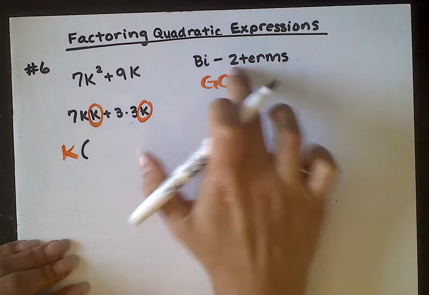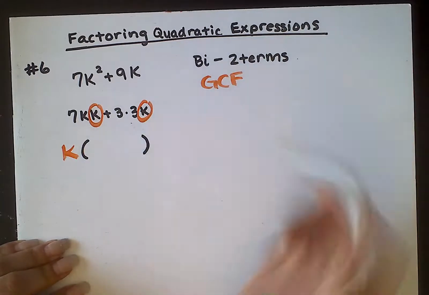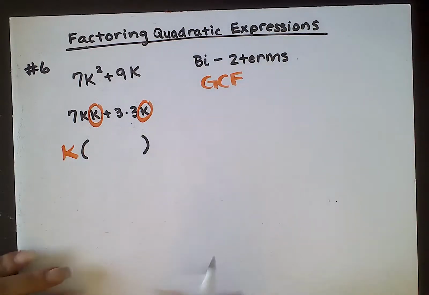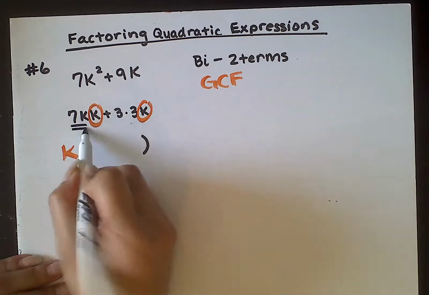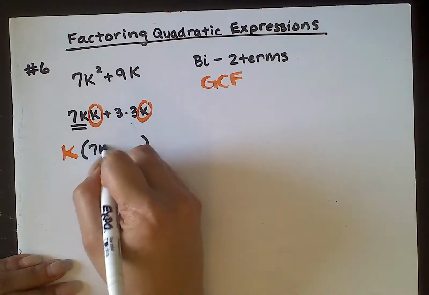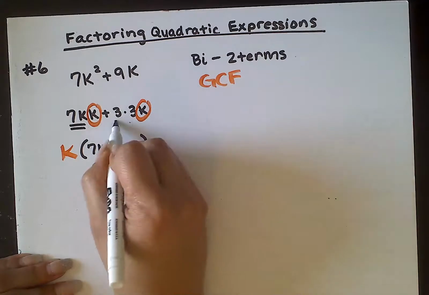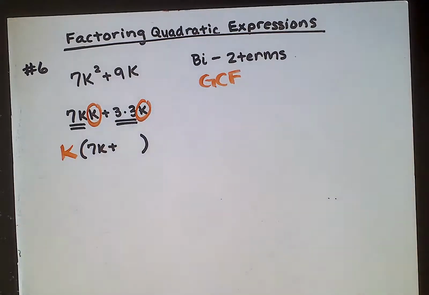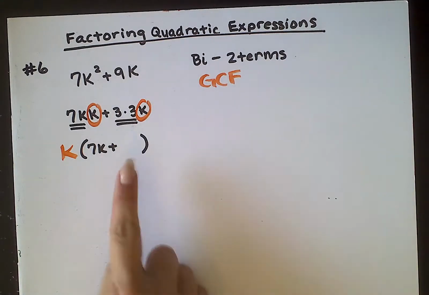Now, because it has two terms, I expect to have two terms inside of the parentheses. All I have left is... can you please write into the chat what the last term is?